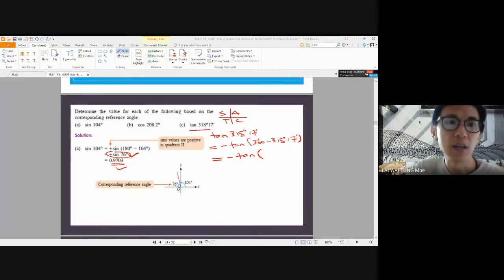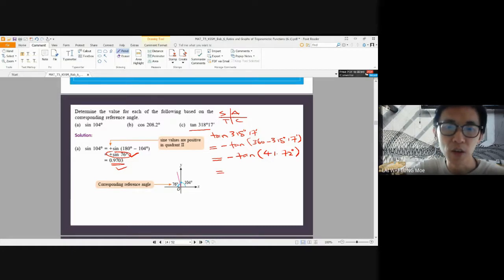Use your calculator to press 360 minus 318 degree 17 minutes. Your answer you will get is 41.72 degree.